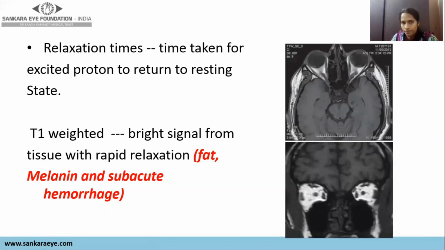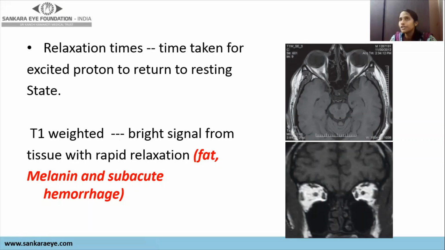But in short, we all know that in an MRI, a magnetic field is created, and a radio frequency impulse belonging to electromagnetic radiation is used.